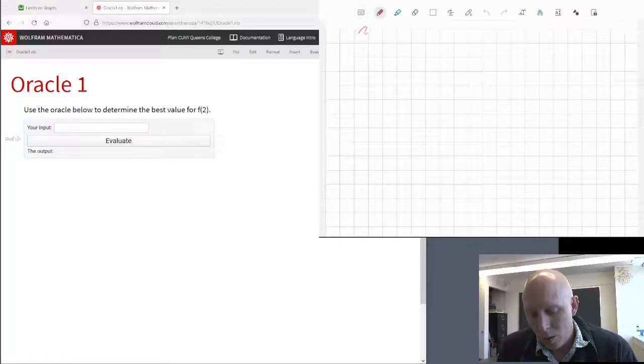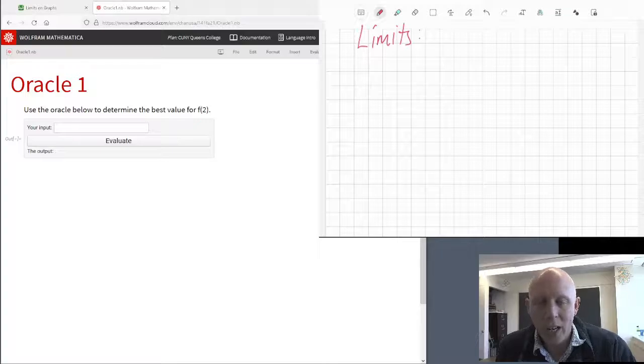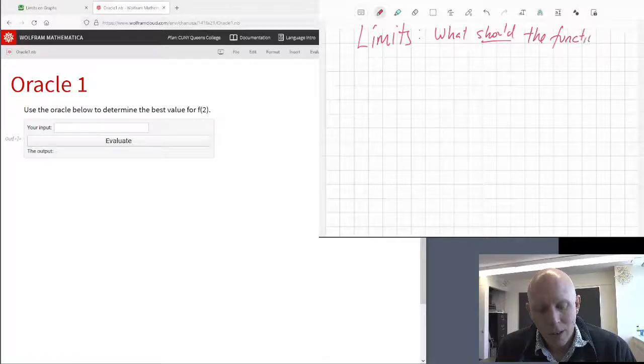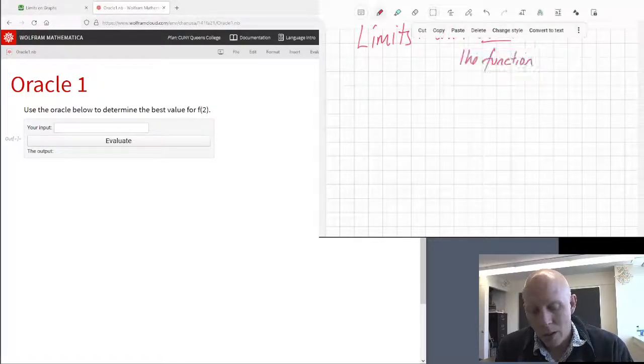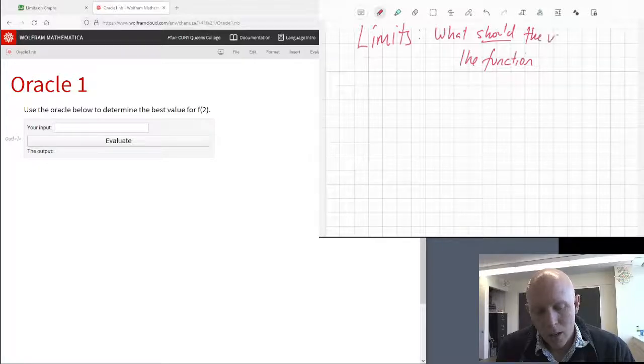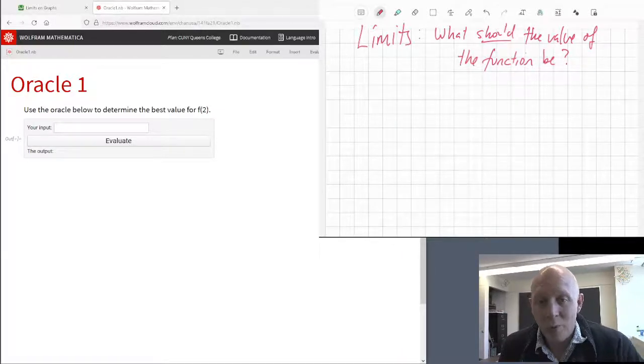This whole section of the course is all about limits, and the way I think about a limit is: what should the value of the function be at a particular point, what should the value be if we ignore what's happening at that point?